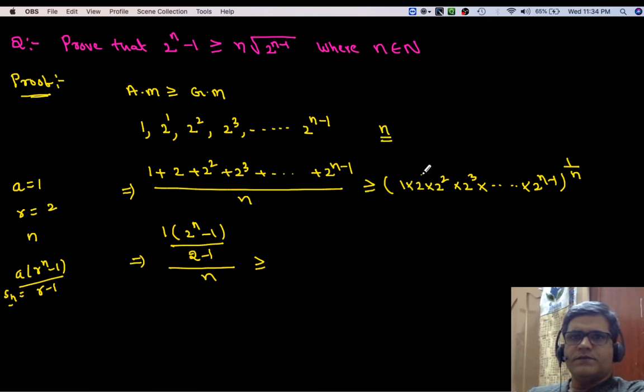here this is 2 power 1, 2 power 2, 2 power 3, etc. Bases are same. If you add the powers, then 1 plus 2 plus 3 plus etc. up to n minus 1, whole power 1 by n.